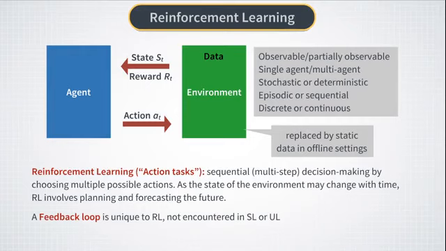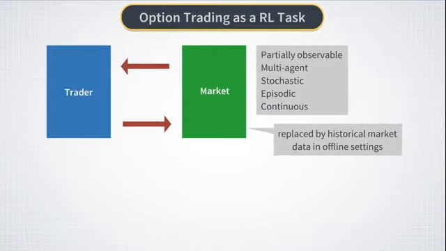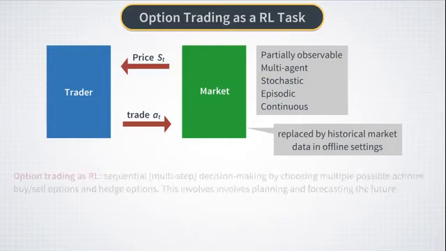Now we can view option trading using the same framework. In option trading, the role of an agent is played by an algo trading robot or a human option trader. The agent observes a market price ST and makes a trade or action AT. If we consider an agent that has already sold or bought an option, then by action AT we mean trading in the underlying stock.